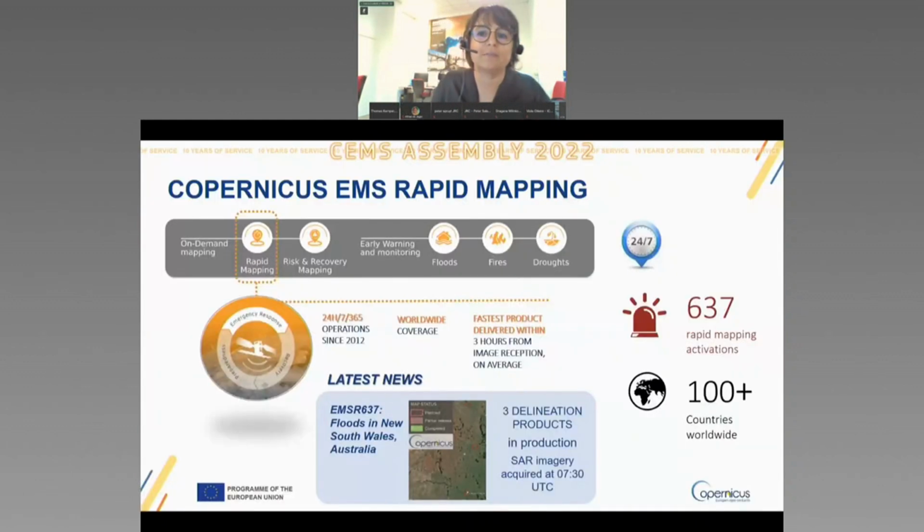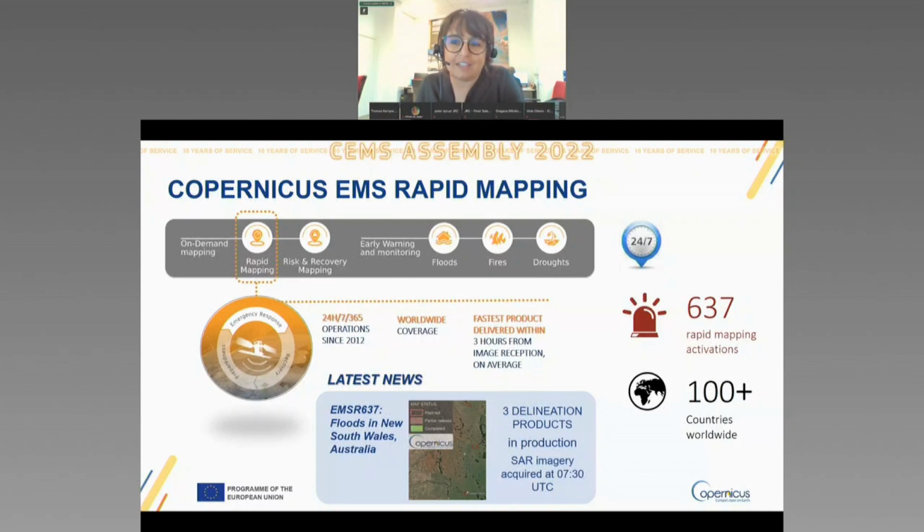As already shown this morning, the rapid mapping service is the fastest mapping component that can react after a specific request from the user, providing information on the extent and the impact of the event. In 10 years, the service collected 637 activations and worked in more than 100 countries.